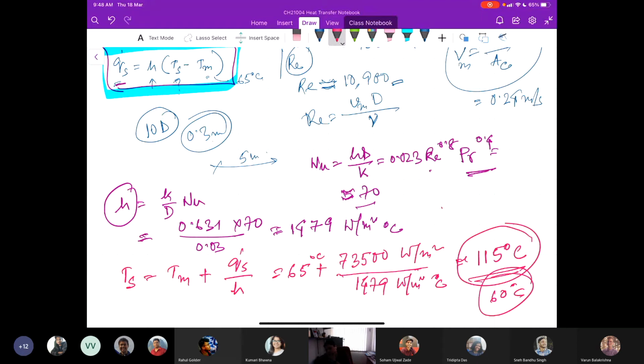Should you be able to tell directly that the answer is wrong without even checking the calculation? Because if it is heating, the surface temperature would always be greater than the bulk temperature, the fluid temperature. So if the fluid is at 65 degrees Celsius, obviously the surface temperature should be greater than 65 degrees Celsius. Right.